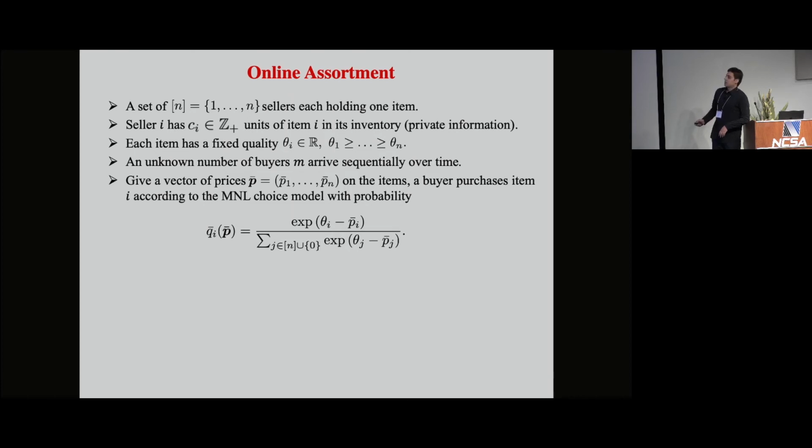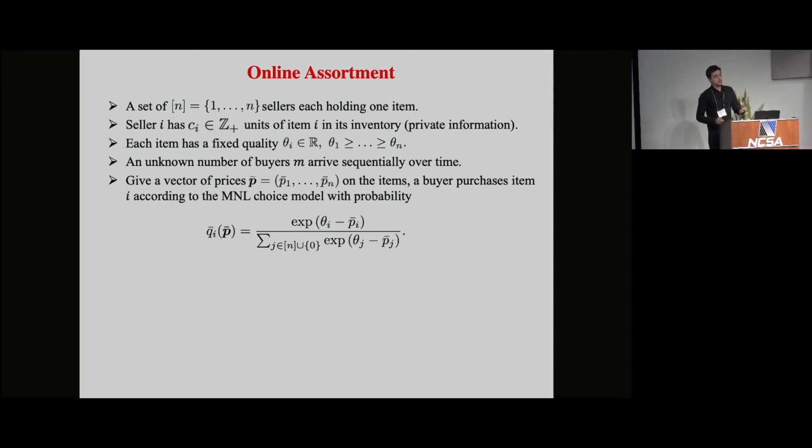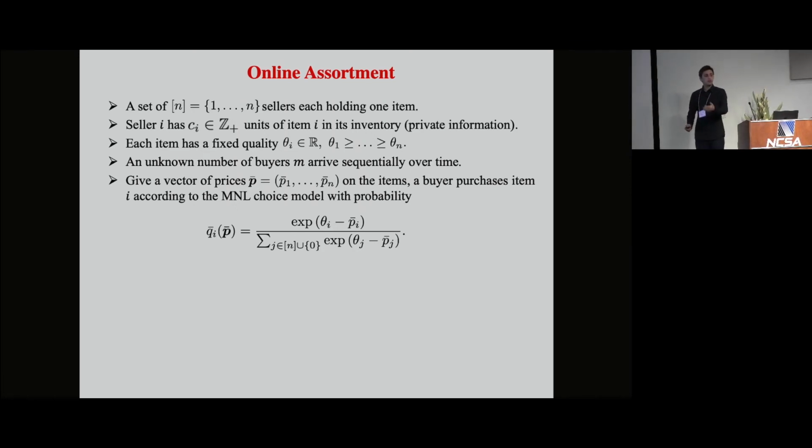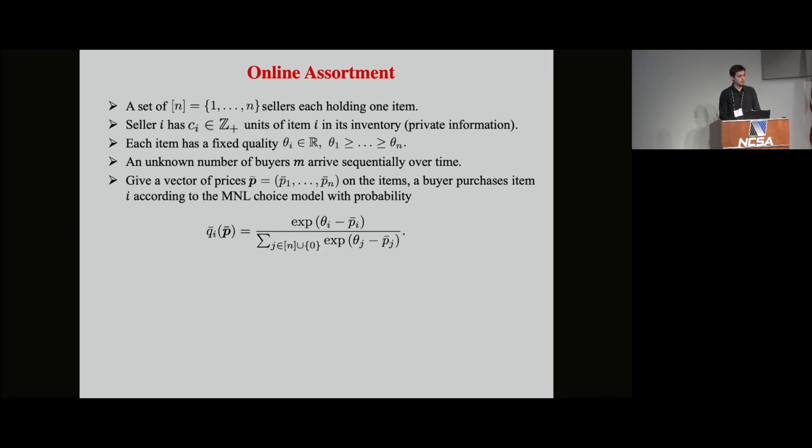The higher quality the item has, the more likely the buyer is going to buy it. But of course, it also depends on the price. If you put a higher price, sometimes the buyer decides not to buy it. So that's the choice model that we consider here.